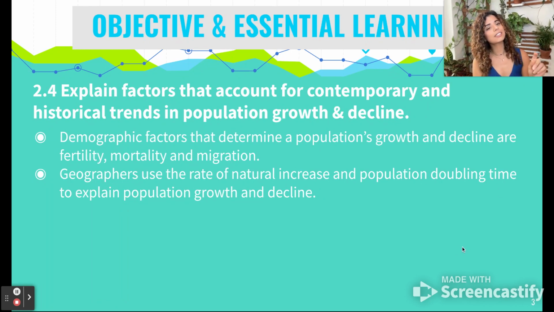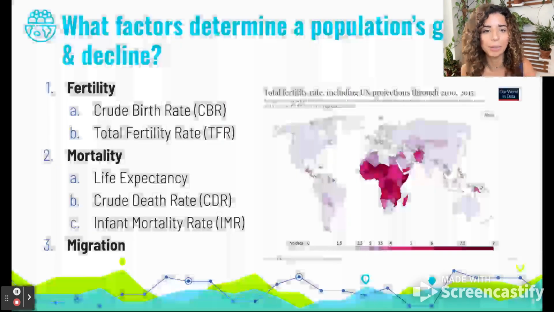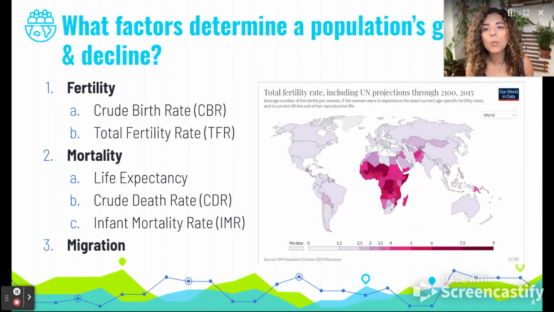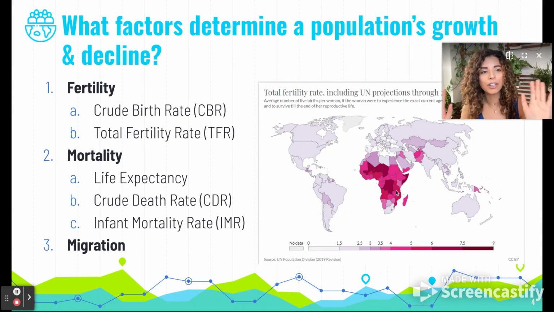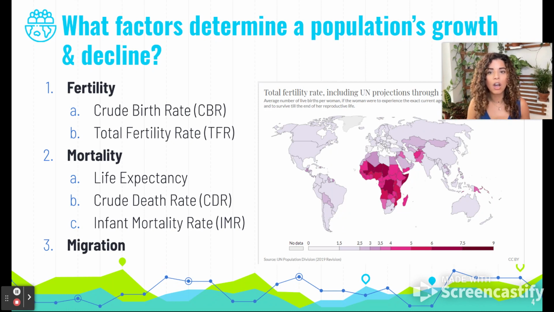This is going to be chock full of very important vocabulary terms that you need to know. So what factors determine a population's growth and decline? All of these in bold are very important words. First is fertility: crude birth rate, CBR, and total fertility rate, TFR, all have implications on the fertility rates of a place.